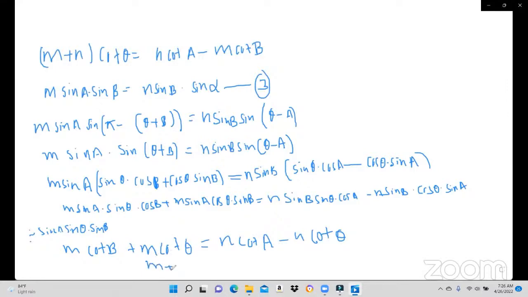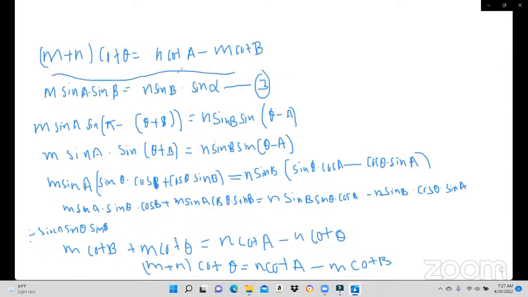So cot theta is common: m plus n cot theta equals, now n cot A is remaining here, n cot A minus m cot B. Okay, that is the thing we want to prove here.